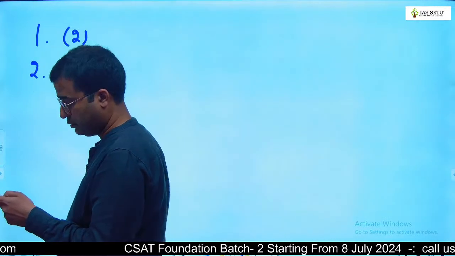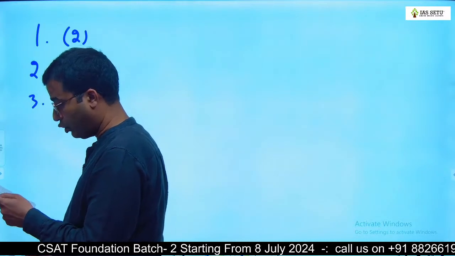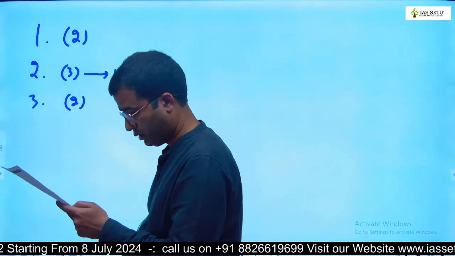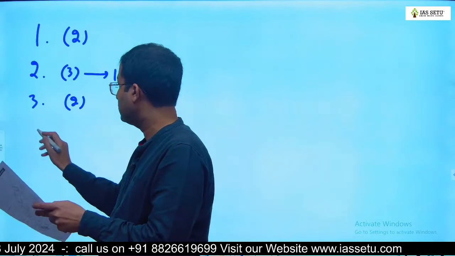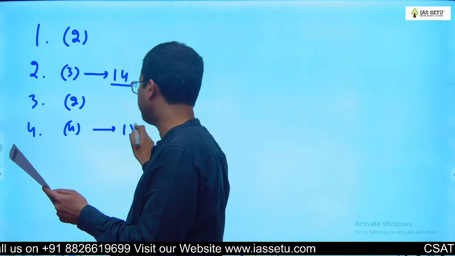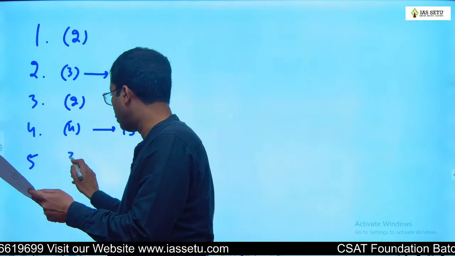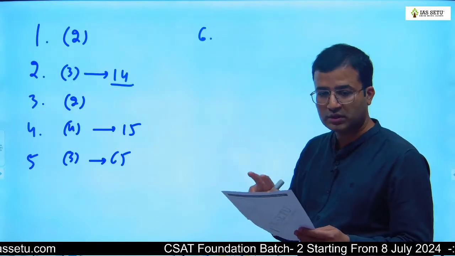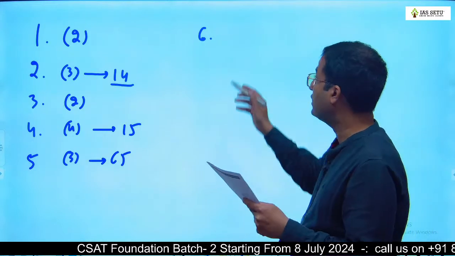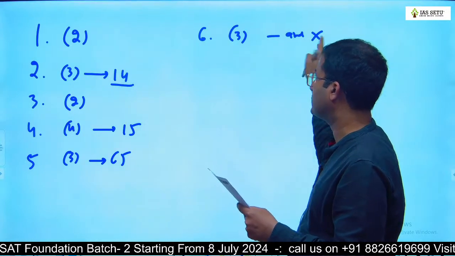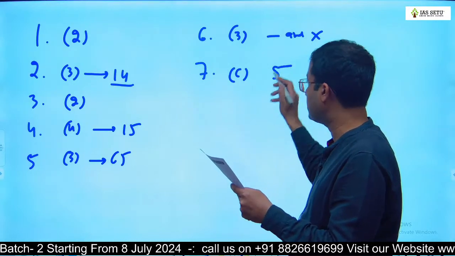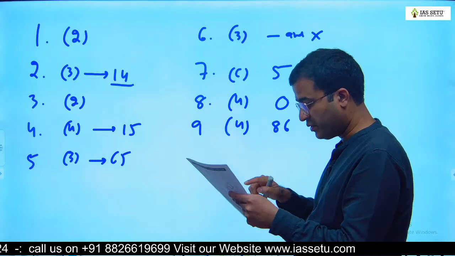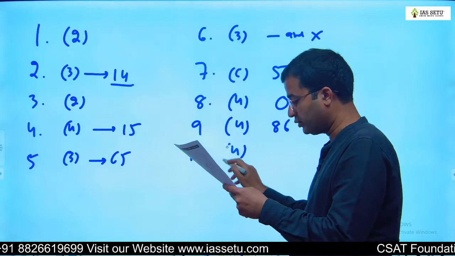Question number 2 answer 3, third option is the answer. Question number 3 answer 2. Question number 2 is 14, third option 14. Question number 3, only second statement is correct. Question number 4 answer option 4, 15 number is. Question number 5 third option 65 is the answer. Question number 6 I make some correction, minus and multiplication change. Question number 7 C, 5 is the answer. Question number 8 fourth option 0. Question number 9 fourth option 86, there was a correction here too I think. Question number 10 fourth option 18.